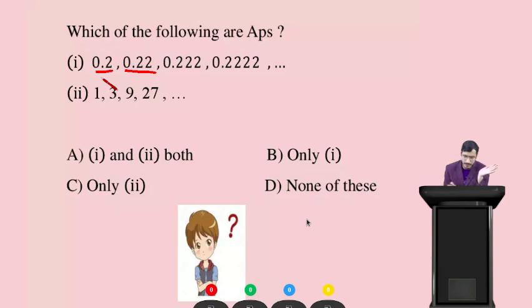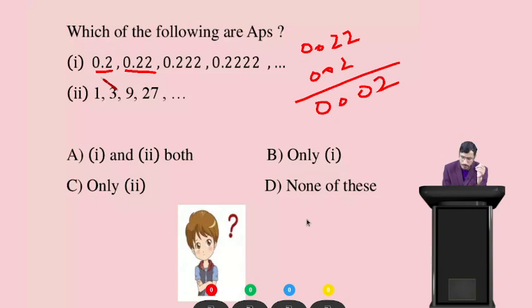Okay, so here first we find the common difference between the second term and the first term. So 0.22 minus 0.2, so that is 0.02.